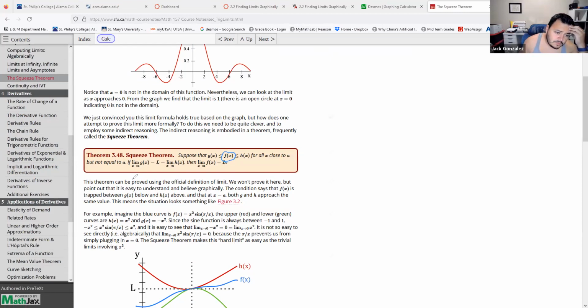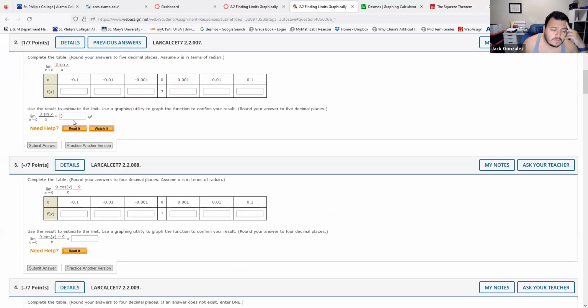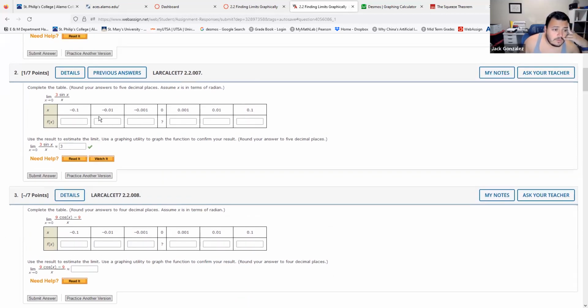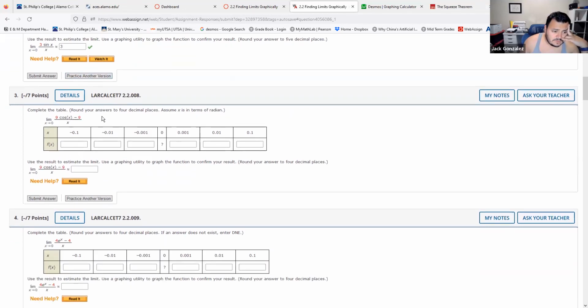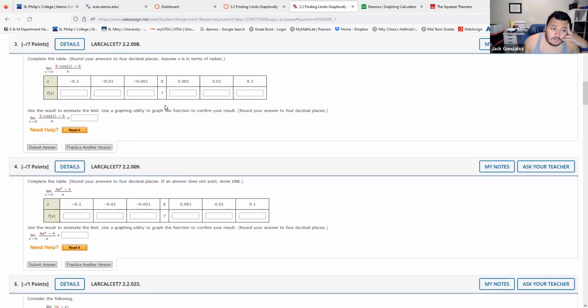The theorem says if we know the limit of g and h, and they're both equal to L, and f is squeezed in between those two, then f also has to be L. That's how they prove and create this formula. It's a lot more involved, and it would probably take me 40 minutes to show you. If you're curious, just look into it, or maybe another time.